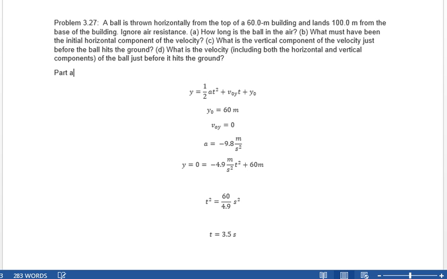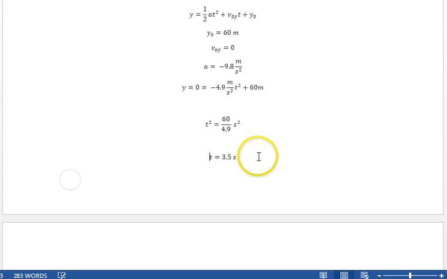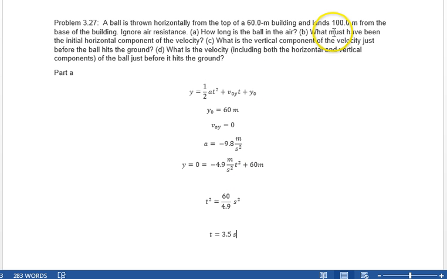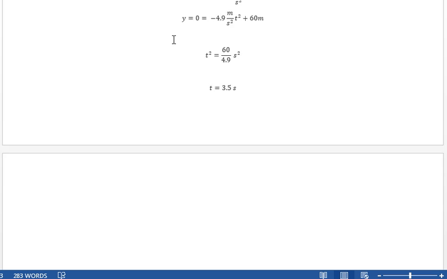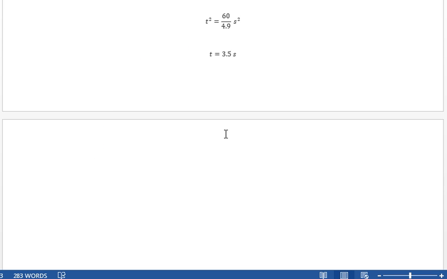All right, so now part B is what must have been the initial horizontal component of the velocity. Now, what do we know about the velocity in x?